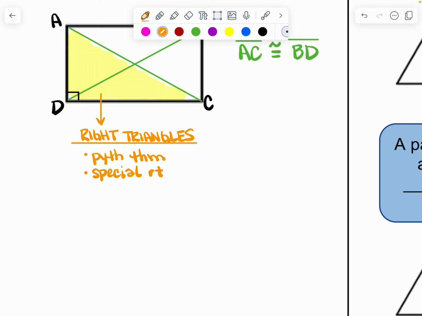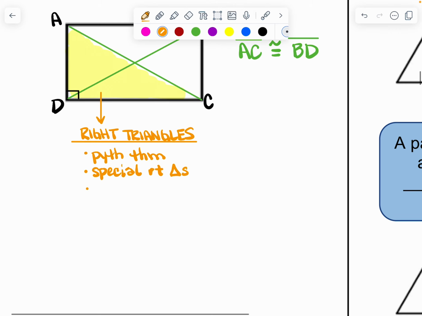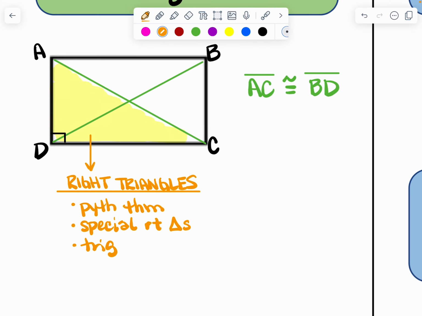You might need to use special right triangles, your 45-45-90s or 30-60-90s. Or you might need to use trig to solve for missing parts of rectangles, especially missing angles and stuff like that. Okay, so the fact that there's right triangles inside of rectangles means all of that is up for grabs. Notice I didn't put geometric mean in that because we're not going to be using geometric mean anymore because we're not drawing altitudes to the hypotenuses and all that kind of stuff.